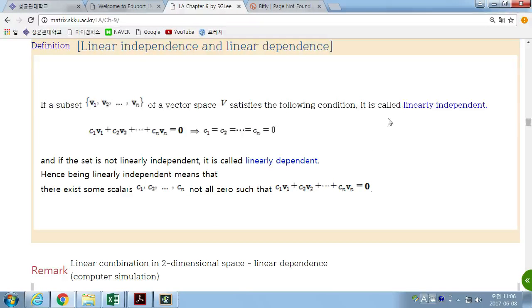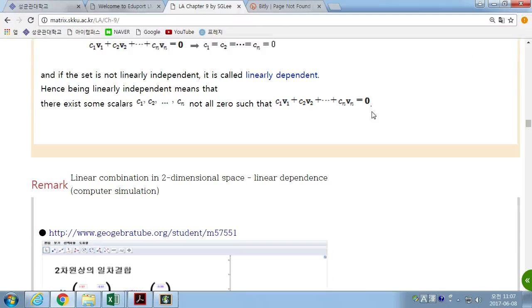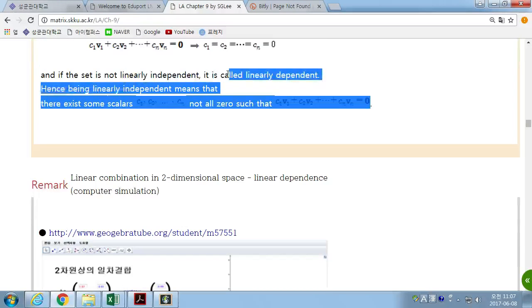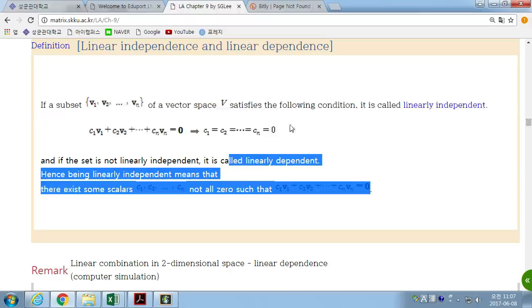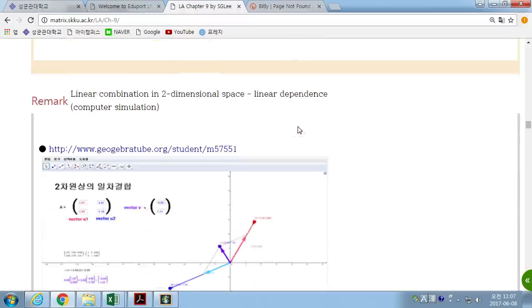If it is true, then those vectors are linearly independent, like what we did. If not, it's linearly dependent, which means there exist non-zero Ci's such that the linear combination is equal to 0. Then we call this linearly dependent. So the linear independence and dependence concepts are exactly the same as before.